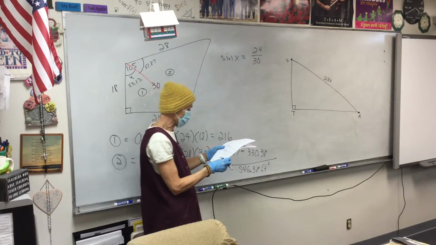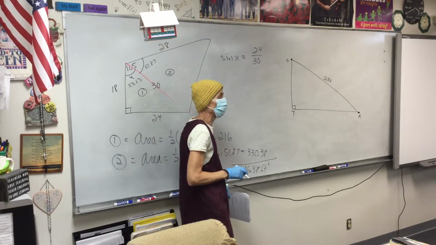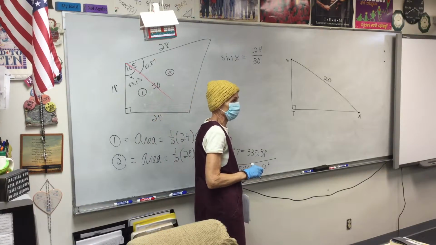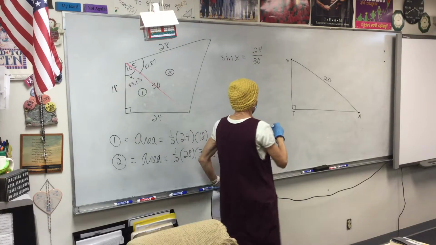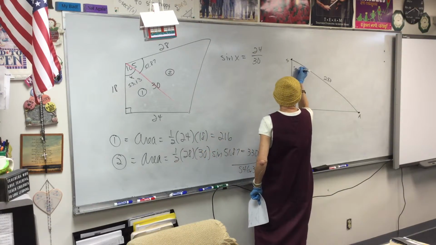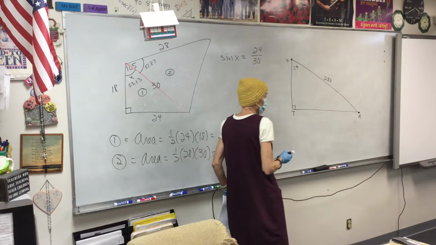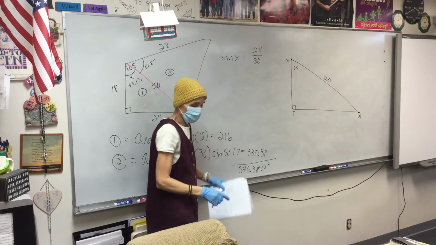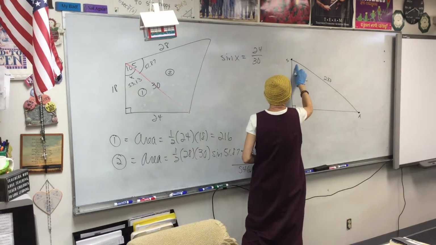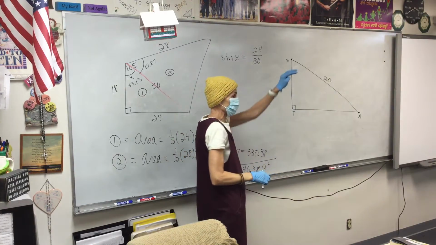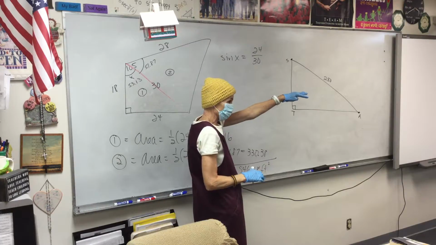Angle of depression is 23. Where do I put the 23? Do I put it here? No. No. Angles of elevation and depression are always measured against the horizontal.